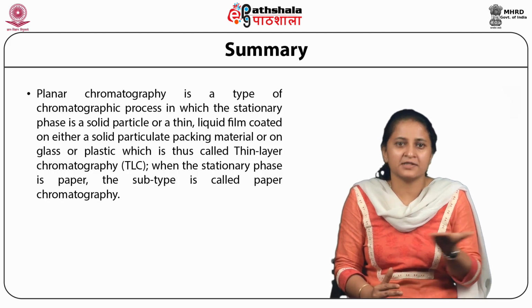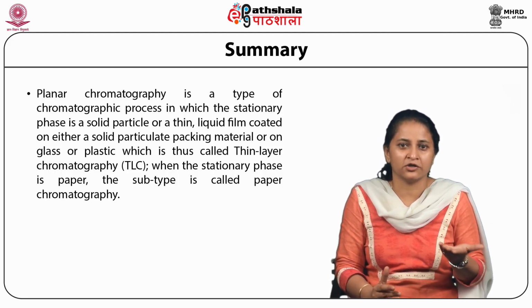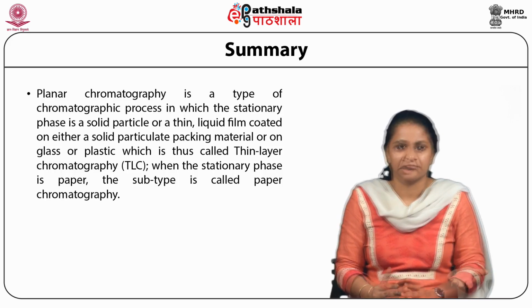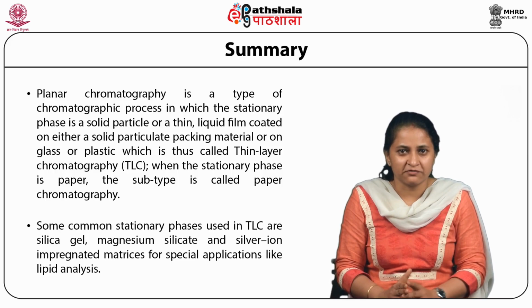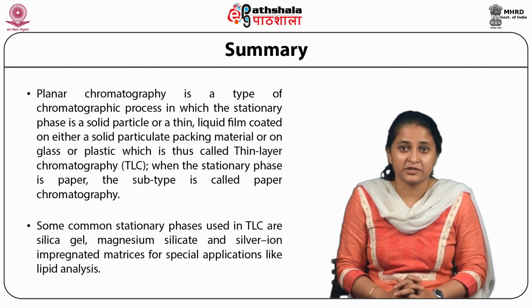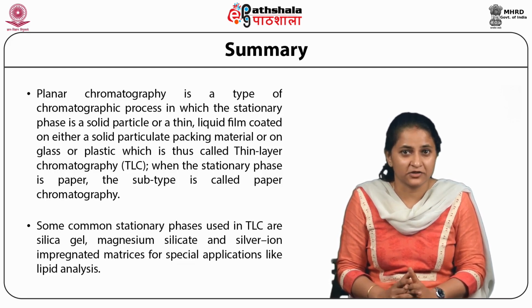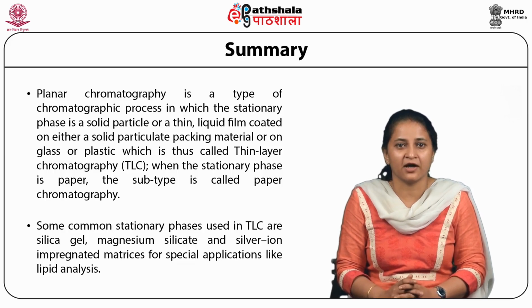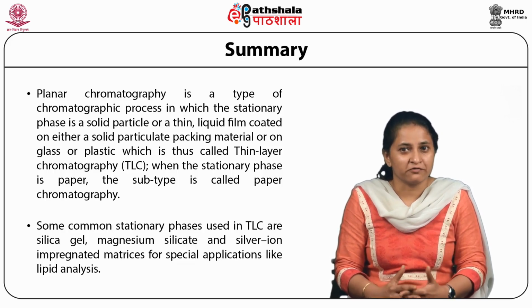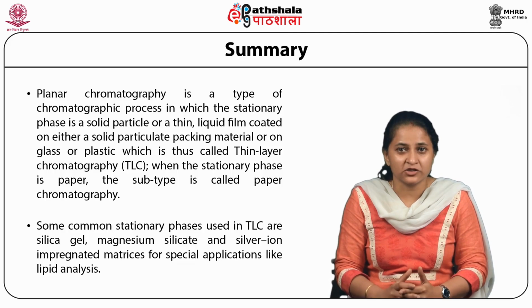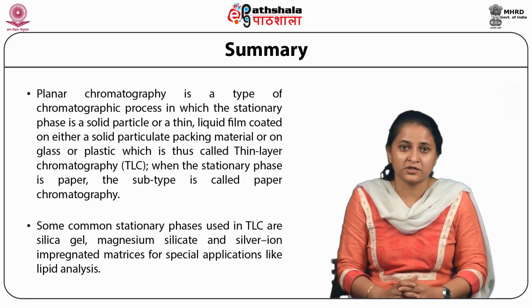And then if it is a liquid film coated on your glass or plastic, then it is called thin layer chromatography. Some of the common stationary phases that we discussed that are used in thin layer chromatography are silica gel, magnesium silicate, and silver ion. Also, some modifications can be made by adding additional groups that improve their resolutions.